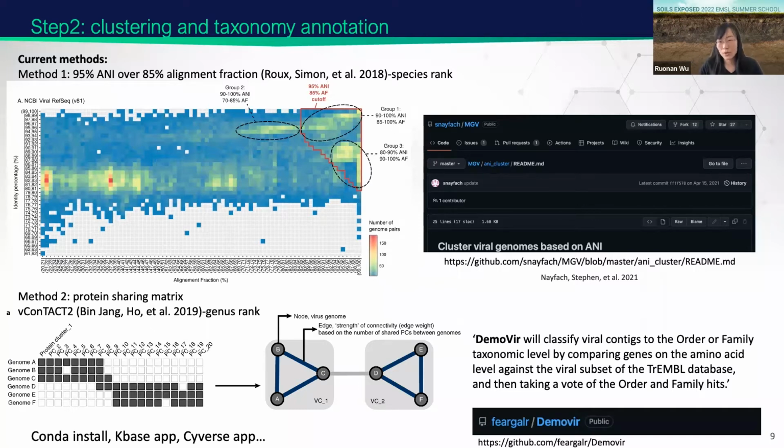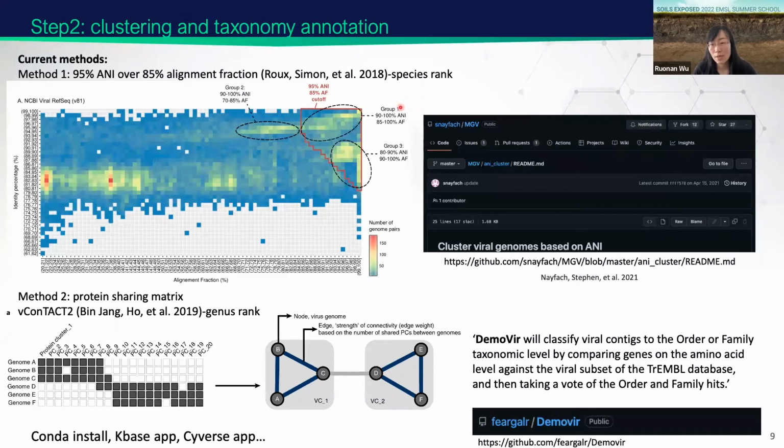Then in general, there are 2 widely used methods for this step. So the first one is based on whole sequence alignment at 95% coverage, 95% average nucleotide identity, and over 85% alignment fraction to cluster viruses at the species level.